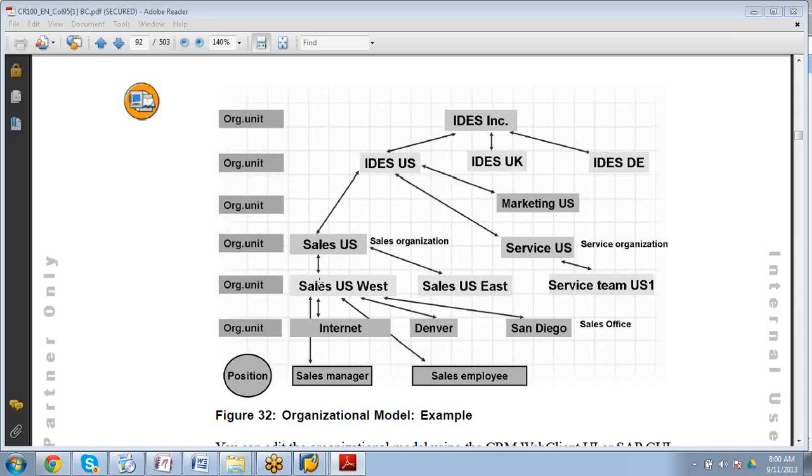Number two, country level. Number three, vertical based. Number four, department level.